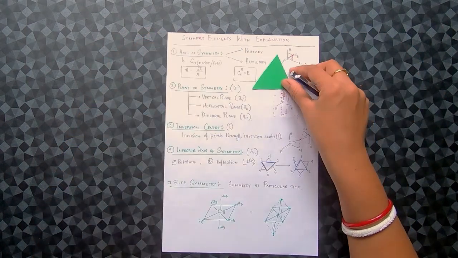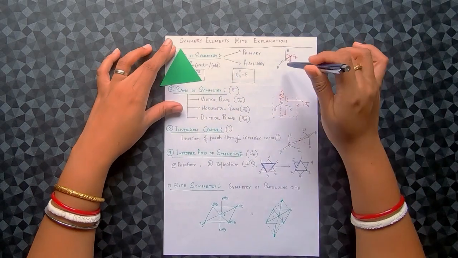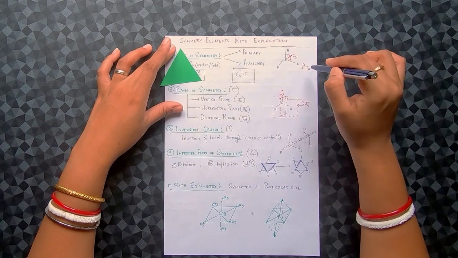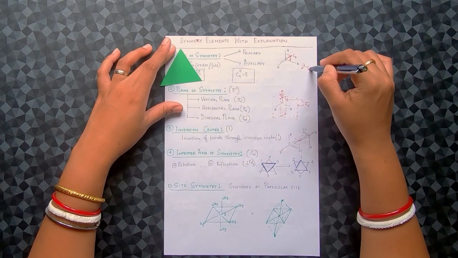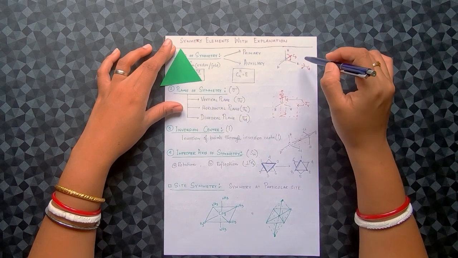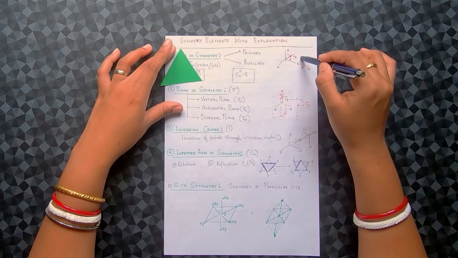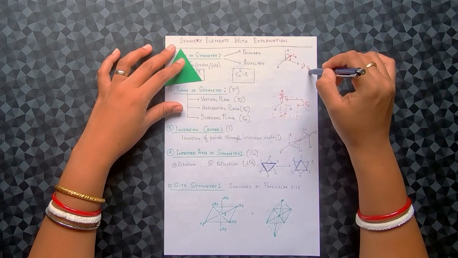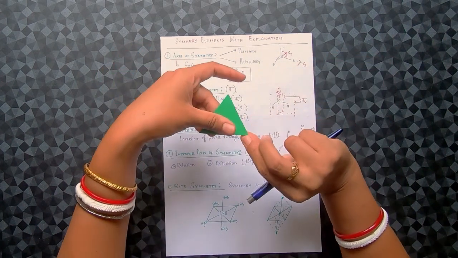So if we consider this BH3 molecule, we have a C3 axis which is a principal axis. Along with that, a C2 axis is also there. As we know, the number of fold for C3 is greater than C2. That's why C3 is the primary rotational axis here and C2 is the auxiliary rotational axis. The C2 axis works like this.